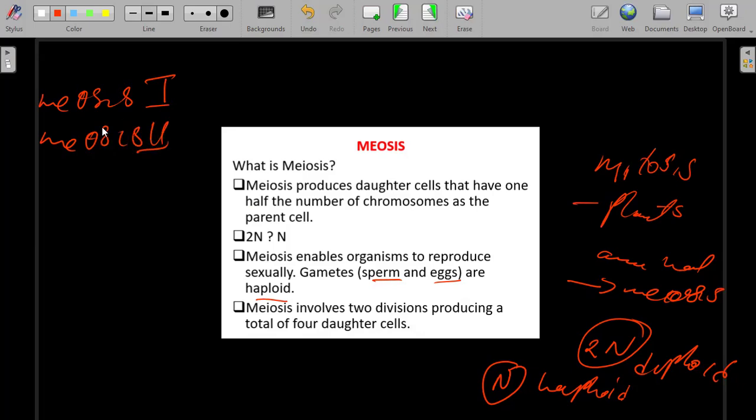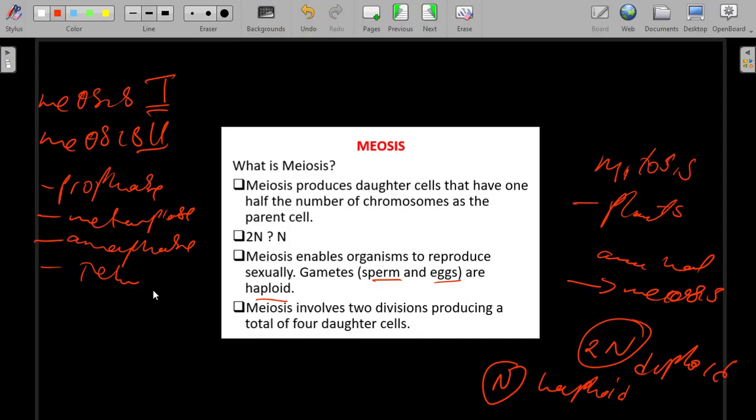Just like in mitosis, you're going to have those phases. You're going to have prophase, metaphase, anaphase, and telophase.